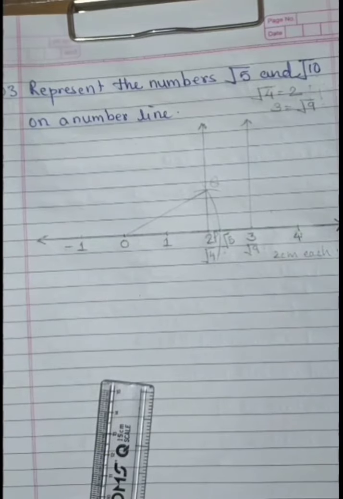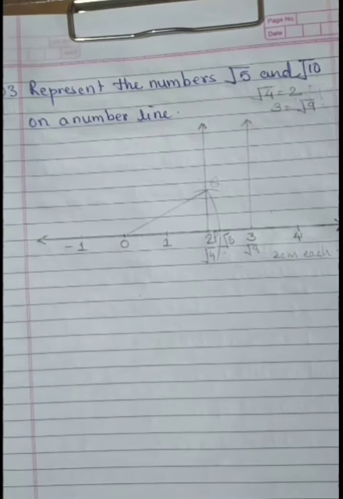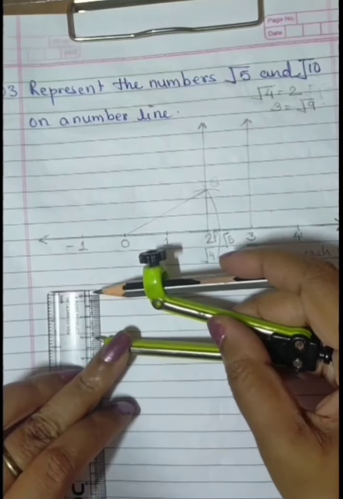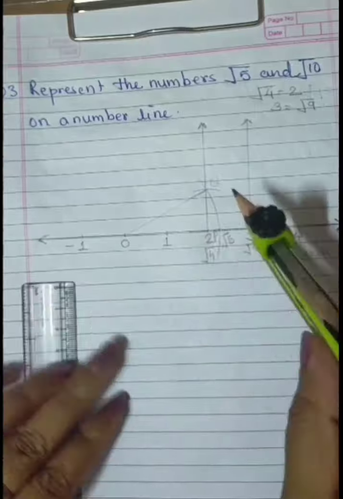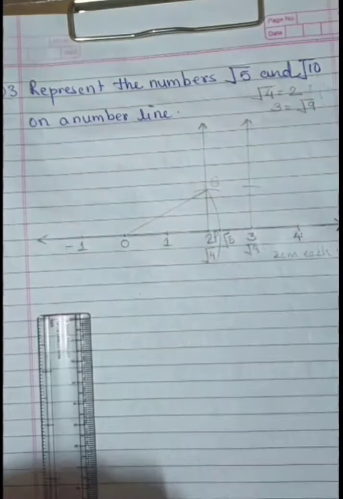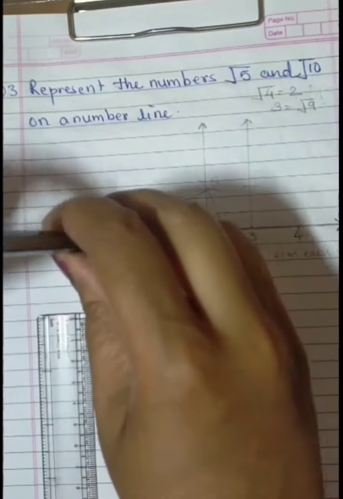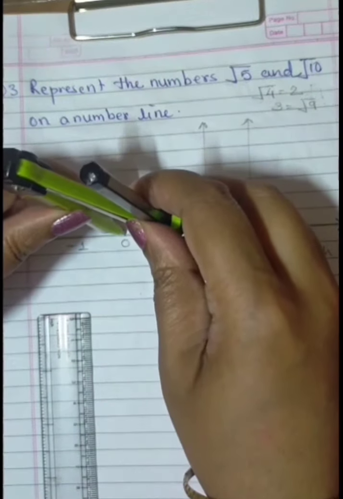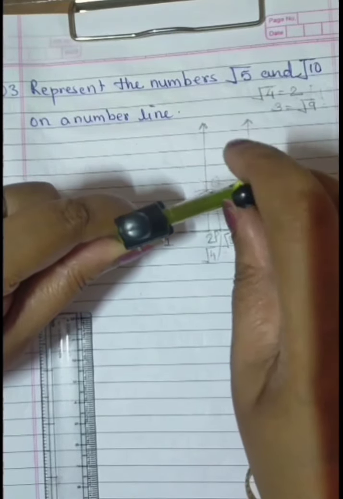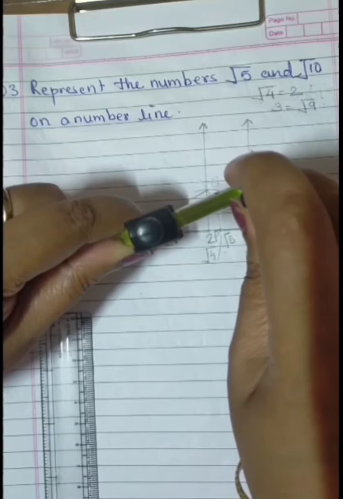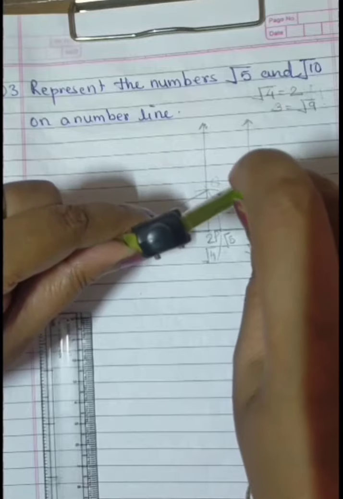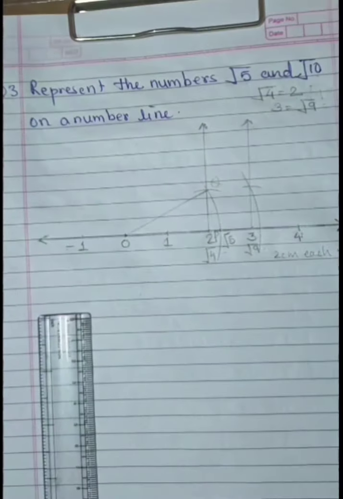So again we have to take a 2 centimeter line, and again we have to cut the arc. After cutting the arc, again we put one point on 0, another on this point, and cut an arc.